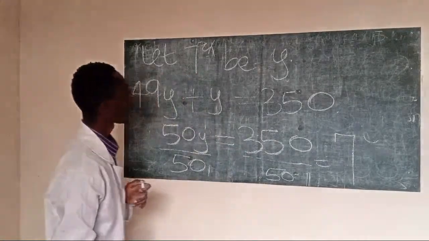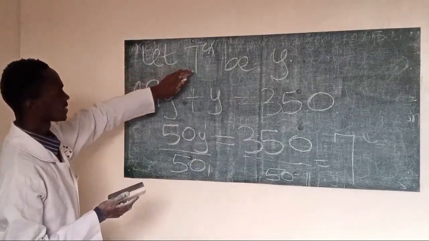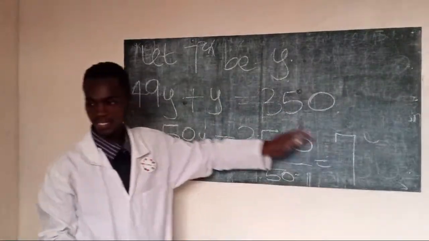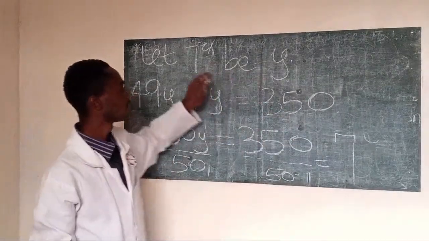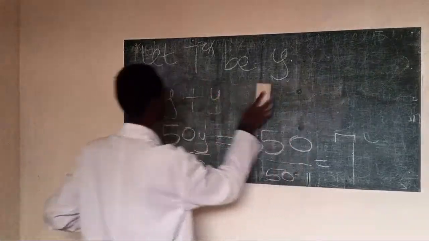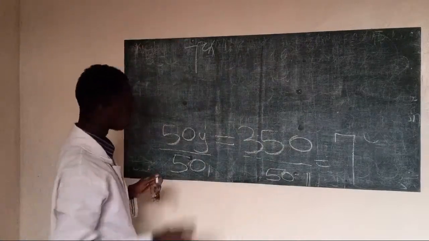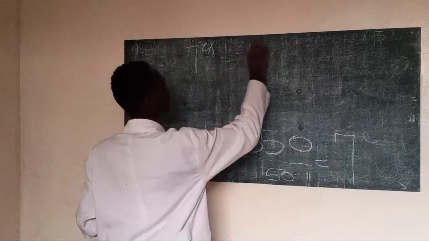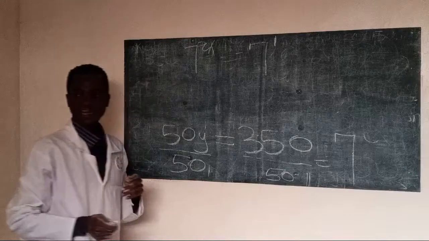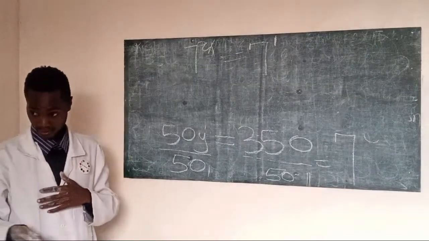The question was asked to find the value of x, and we said let 7 to the power x be y, so that we equate. We see that when a number is raised to power 1, it is the number itself.